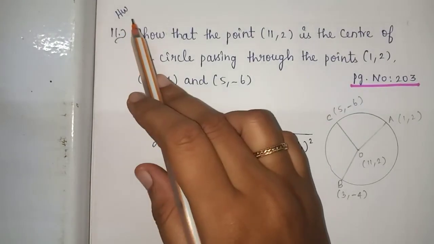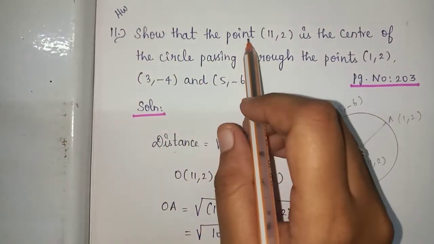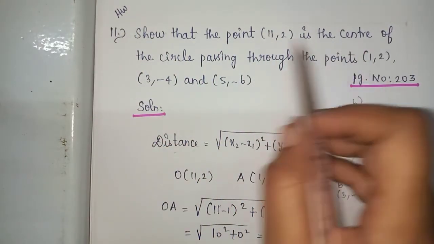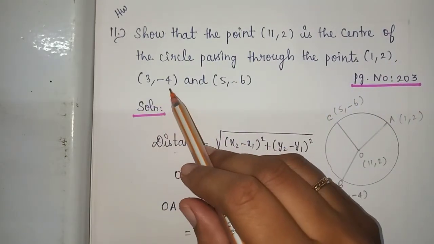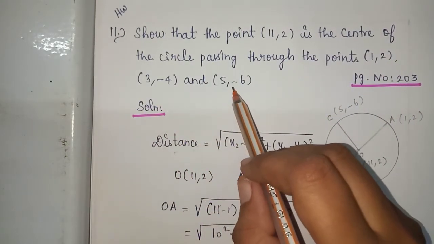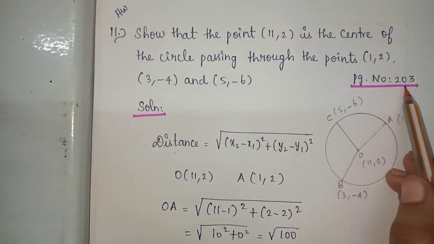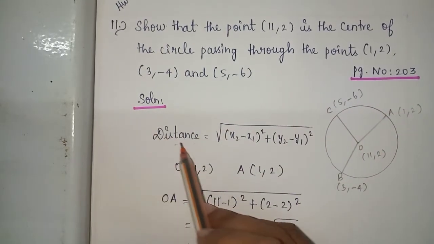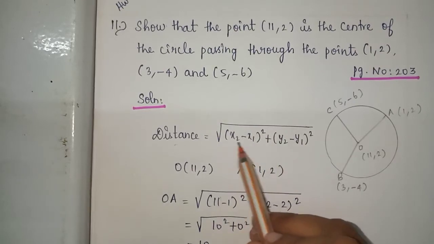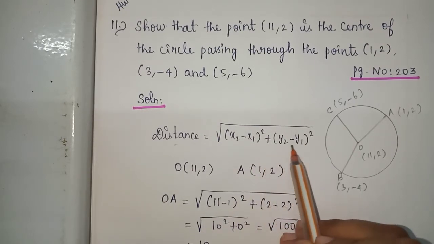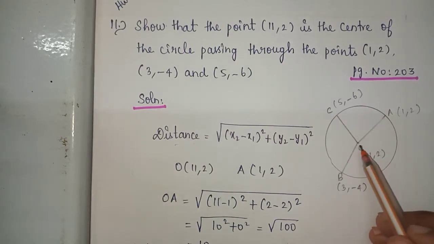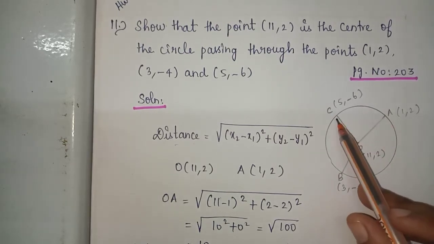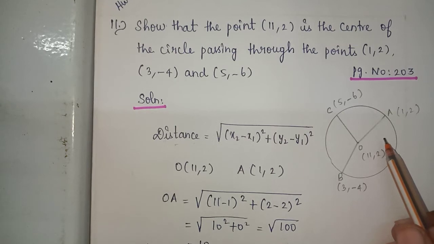Problem number 11. This is your homework problem. Show that the point 11, 2 is the center of the circle passing through the points 1, 2, 3, minus 4 and 5, minus 6, which belongs to page number 203. So solution: distance is equal to root of x2 minus x1 the whole square plus y2 minus y1 the whole square. So this is a figure of a circle. O is the center and A, B, C are on the circle.